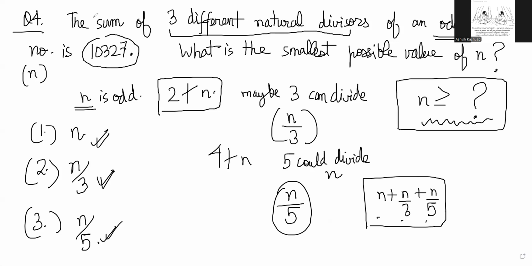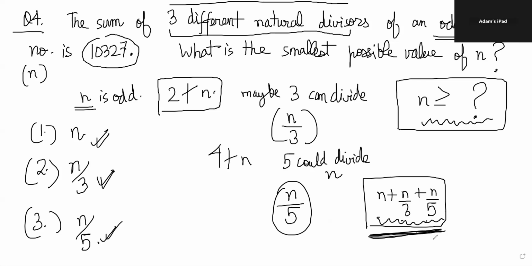Sum of three different natural divisors. The largest possible value of it will be this. But how do you know that that's the smallest for n? No, these are the largest possible values of the sum of divisors. I am not saying anything about the smallest.